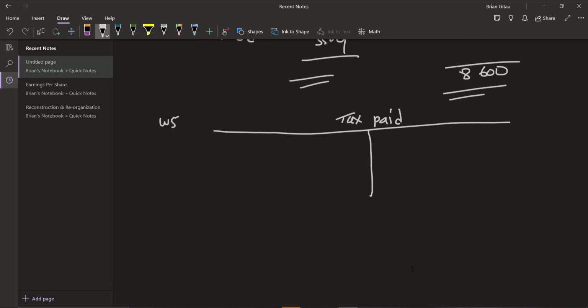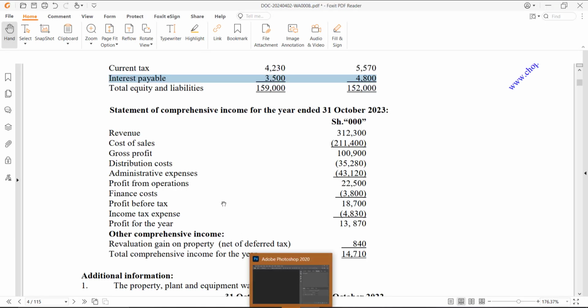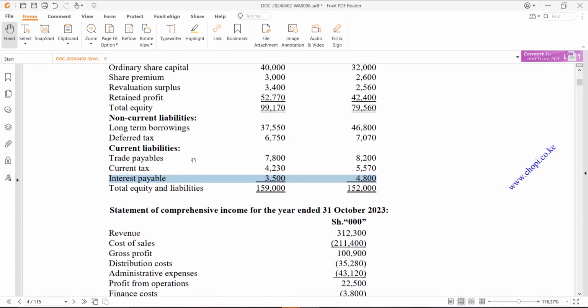For our tax paid, we're going to get the balancing figures, or simply the balances from the balance sheet. We start with the balance brought down. I can see we have both deferred tax and current tax. So let's open the balance sheet. From the balance sheet, we have the current tax in the current liabilities and deferred tax in the non-current liabilities.